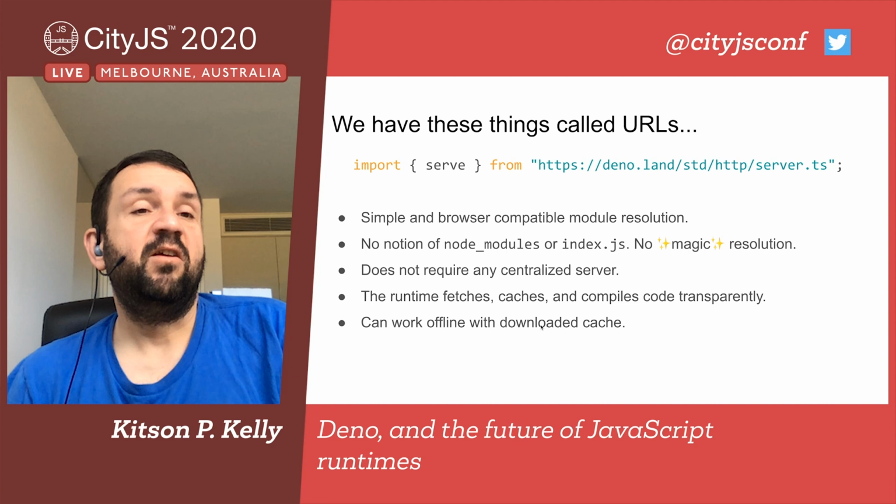Anybody can create a package server for Deno that's nothing more than a web server. And the runtime goes ahead and fetches, caches, and compiles the code transparently. So there isn't any work that needs to be done from the consumer perspective. And of course, because it's cached, you can go ahead and work in an offline mode with that downloaded cache.